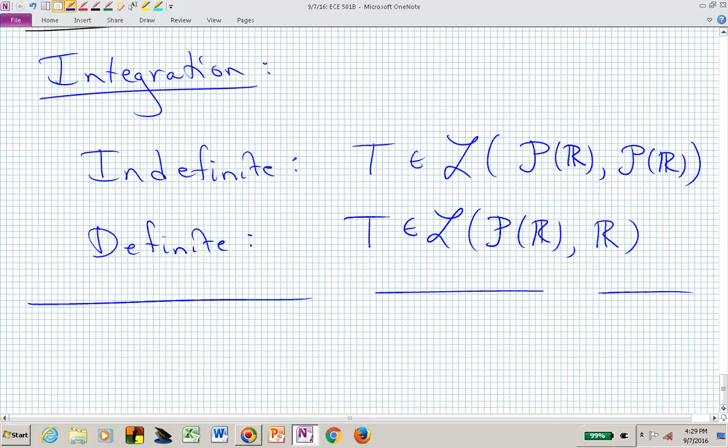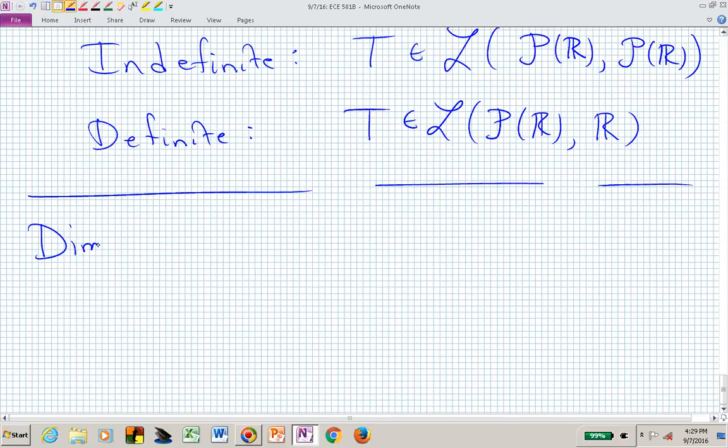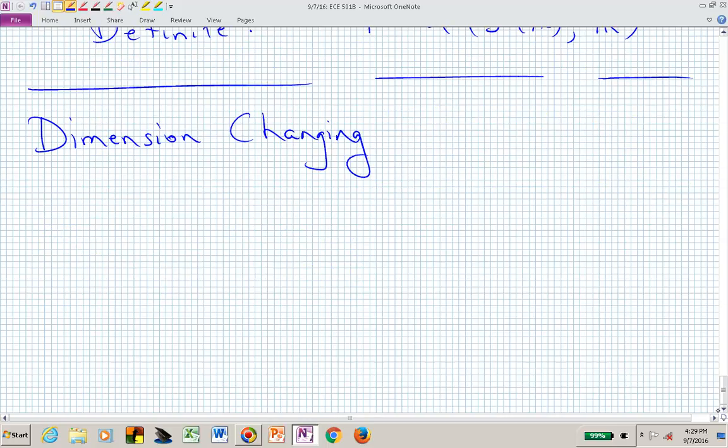What about if we had a linear map that is dimension changing? And you might have to go back and return to what we were referring to as dimensions, but here, suppose that we had a linear map T that belonged to the set of all linear maps mapping from R3 to R2.